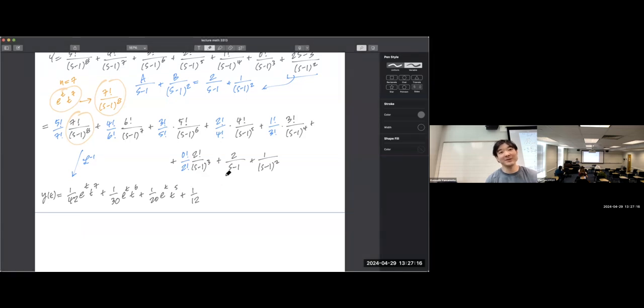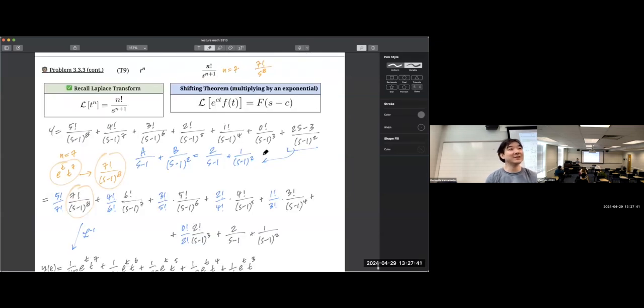What's the inverse Laplace transform of this? Good. And then this one is just going to be 1 over 6 after you've done that. You see how it's just a shift on all of these entries, right?